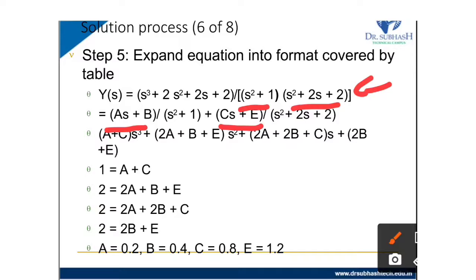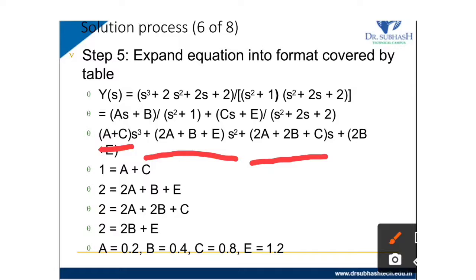Now we will multiply each term and open the bracket, and separate s cube, s square, s and the term without s. So we will get (A plus C) multiplied by s cube after opening the bracket, (2A plus B plus E) s square, (2A plus 2B plus C) multiplied with s, plus 2B plus 2E.